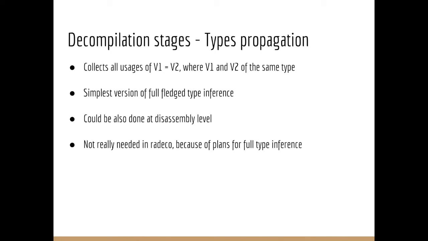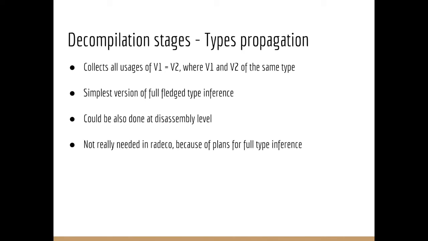Also, one of the stages is the type propagation stage. It collects all usages of equal variables, which probably will have the same type. It's a simplified version of full-fledged type inference, and it's usually used in the simplest decompilers.